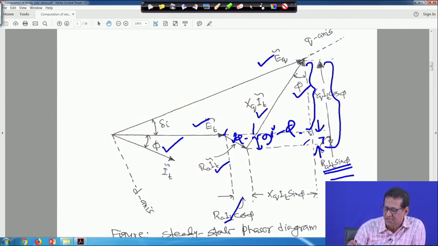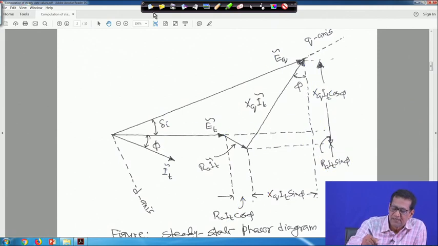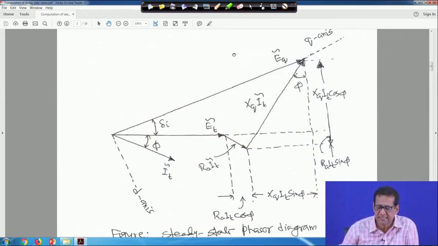Similarly, from here to here it is XQ IT sin phi plus RA IT cos phi. Therefore, tan delta I will simply be equal to, taking this vertical one, XQ IT cos phi minus RA IT sin phi, divided by Et plus RA IT cos phi plus XQ IT sin phi, right? That is what has been written here.